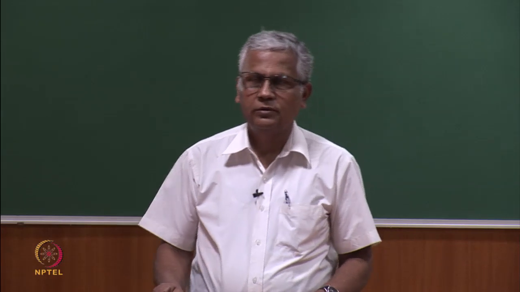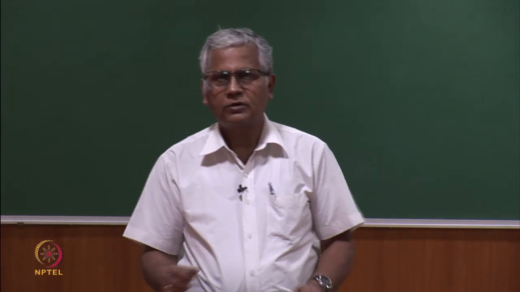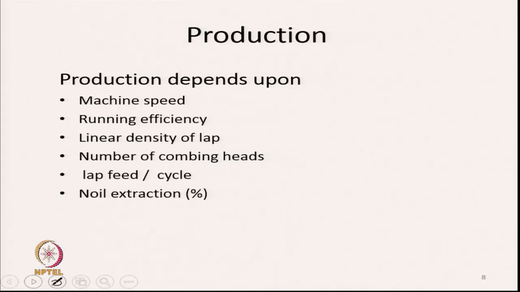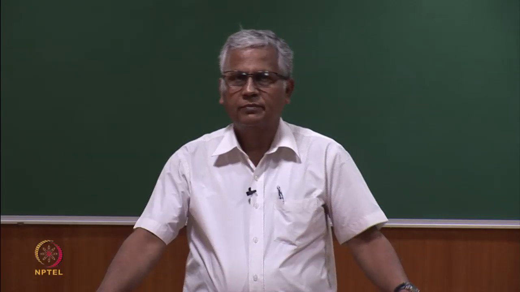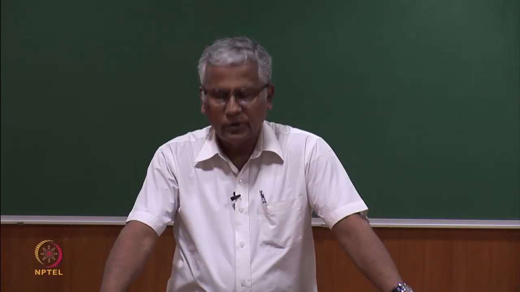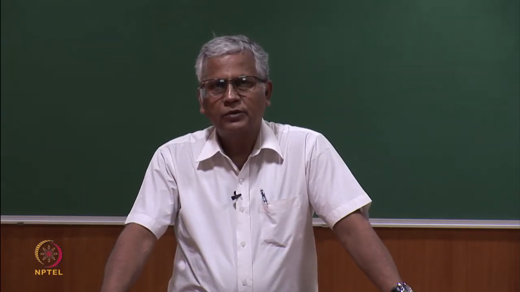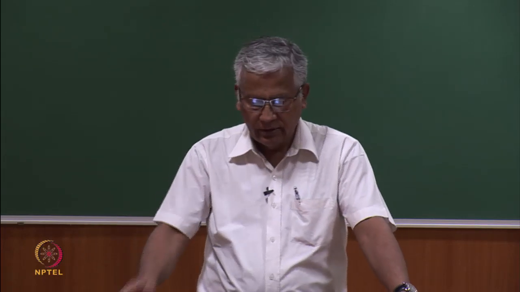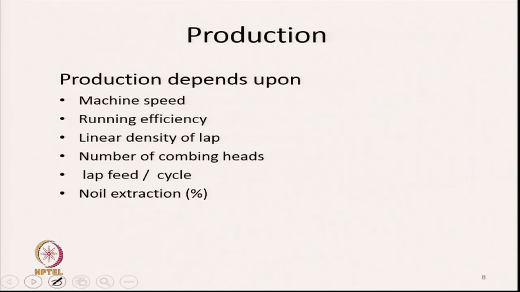Next, we go to another important calculation, that is production calculation, because we will always be interested finally in the production of the machine, and the whole commercial activity depends upon the production rate of the machine. So, production in the case of the comber depends upon so many parameters of the machine.